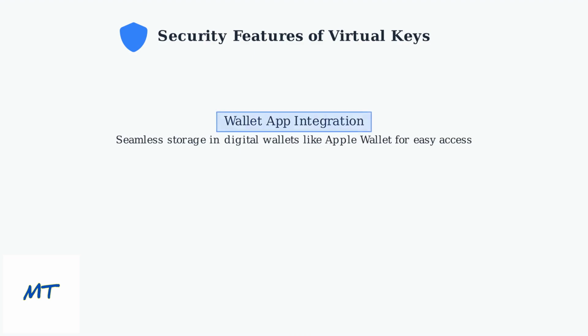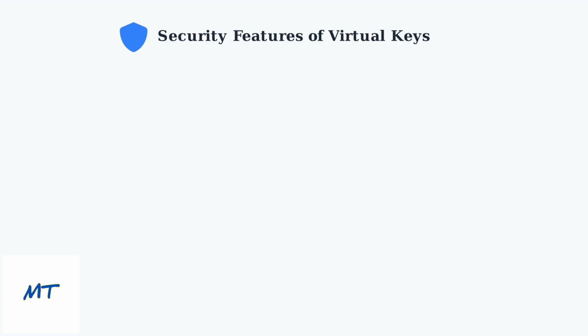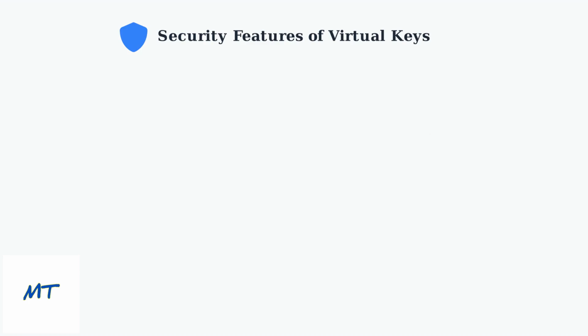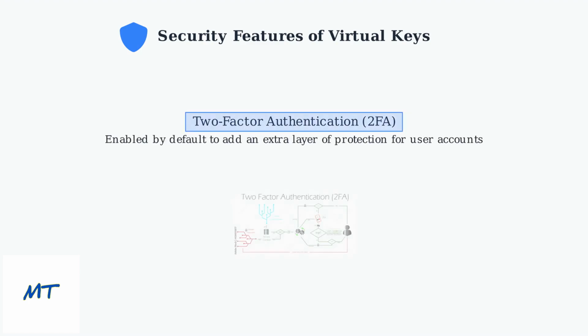Virtual keys integrate seamlessly with digital wallet apps such as Apple Wallet, allowing for convenient storage and quick access to your keys. For added security, biometric verification can be enabled using fingerprint scanning on your linked smartphone to confirm your identity before granting access. Finally, two-factor authentication is enabled by default, providing an additional layer of security to protect your user account from unauthorized access.